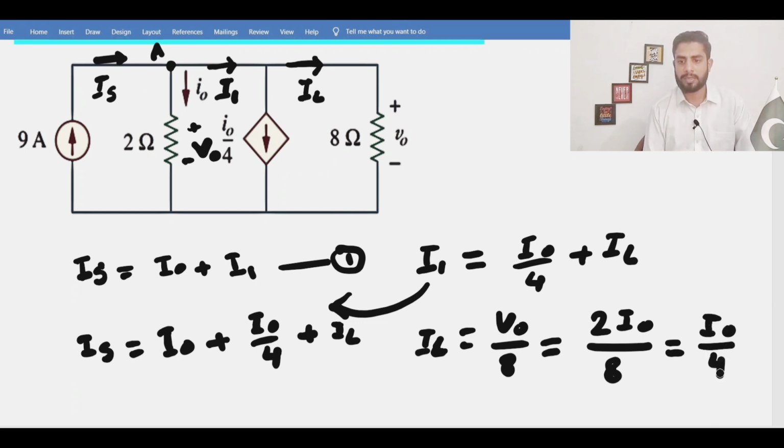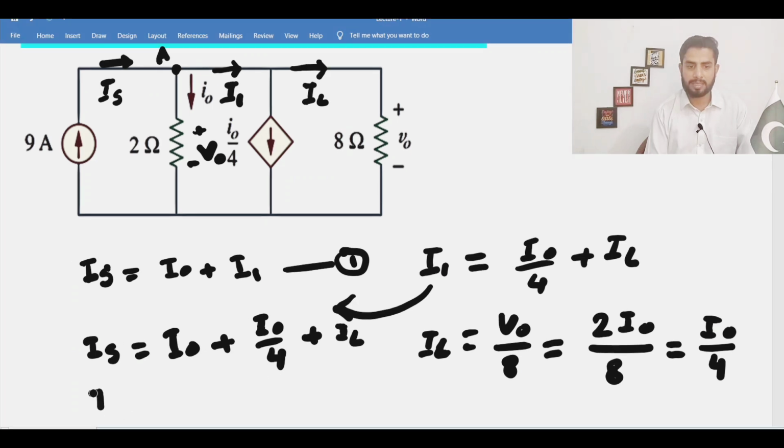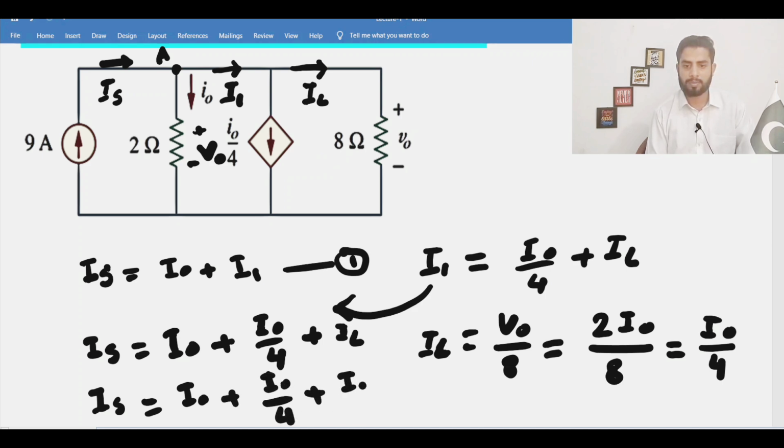I will put the IL value back into this equation, and IS is equal to I0 plus I0 by 4 plus I0 by 4. This is 1, this is 0.25, this is 0.25. 1 by 4 is equal to 0.25.